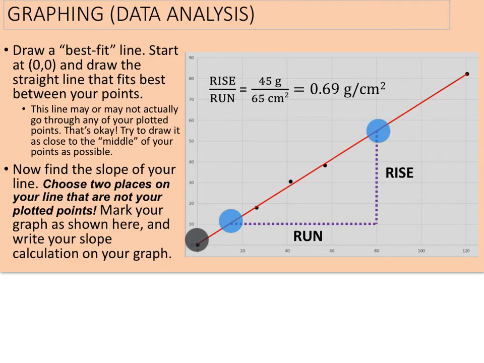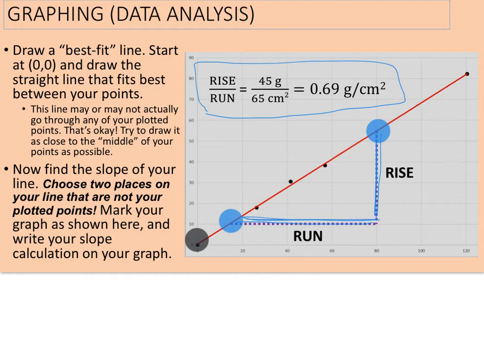So here and here. You'll notice that none of my 4 plotted points are included in that distance there. Mark your places on your graph that you're using. See how I've drawn a little right triangle right here. Mark that on your graph as well. And then actually write out your calculations.